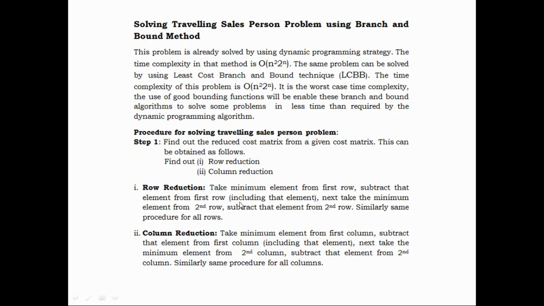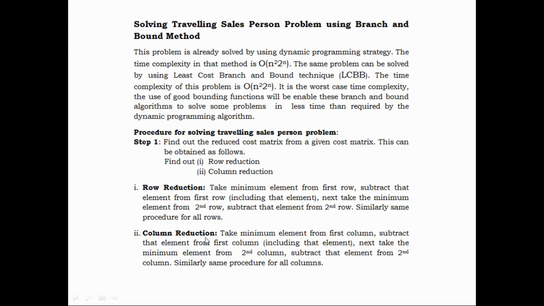In the same fashion, take the second row, find the minimum element and subtract it from all the elements of that row, and do the same for all the rows.